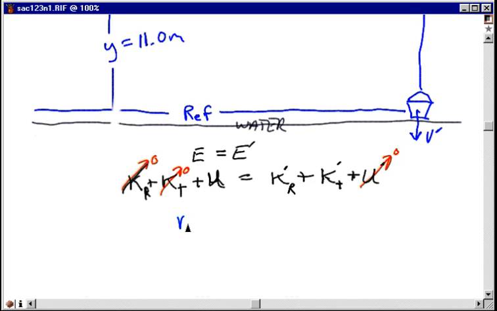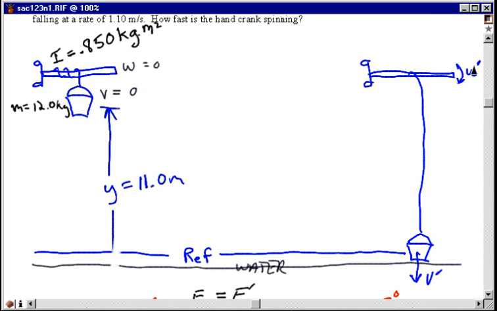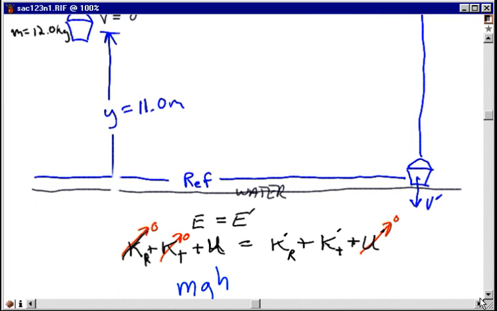The gravitational potential energy is mass of the bucket times g times h. I'm not paying any attention to the gravitational potential energy of the hand crank because it stays at the same level at all times. I'll think of it as having its own reference level. It's not undergoing any translation, so I don't have to worry about its potential energy.